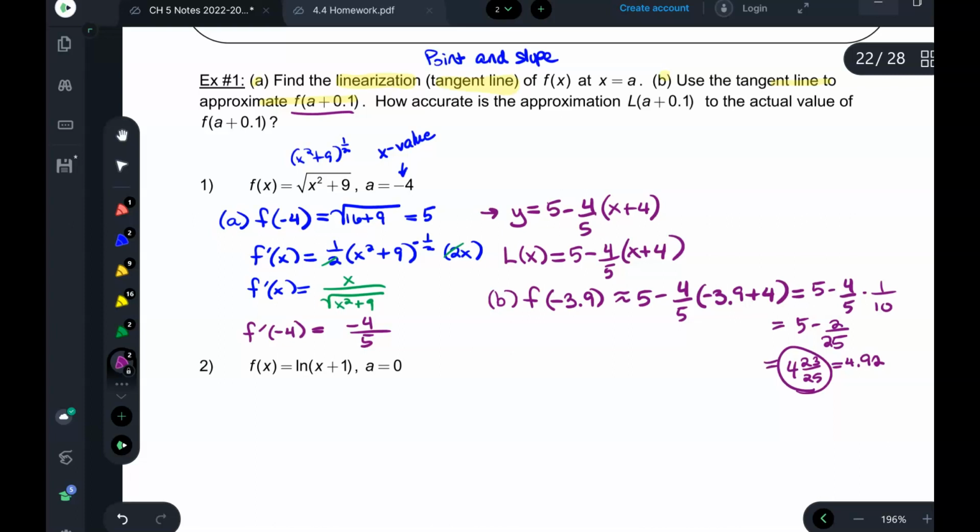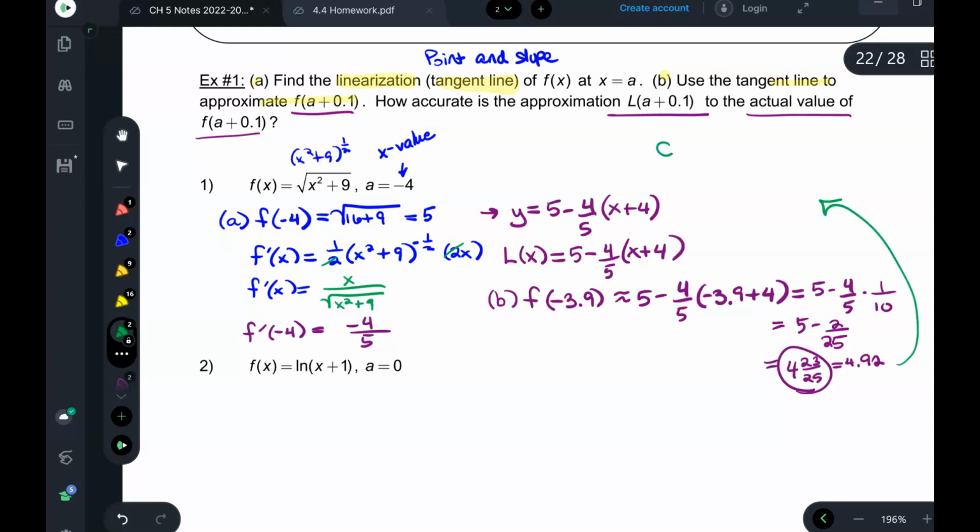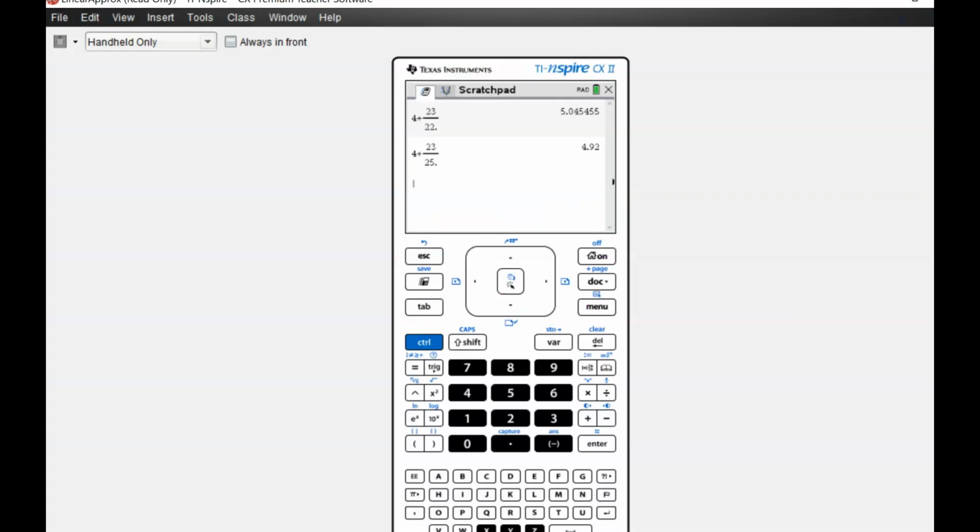Okay, now the last part is how accurate is our approximation to the actual value. So in other words, how does that compare to f of -3.9? Sorry, I should have given you a little bit more space here. So in other words, if I actually plug it back in to the original equation, let's see what we get.